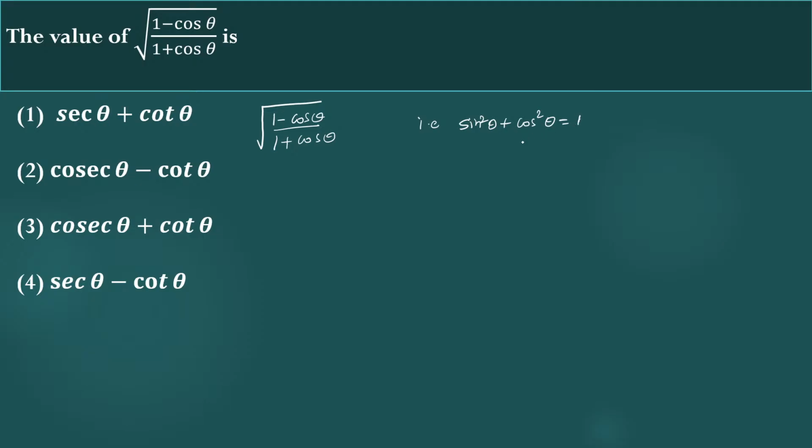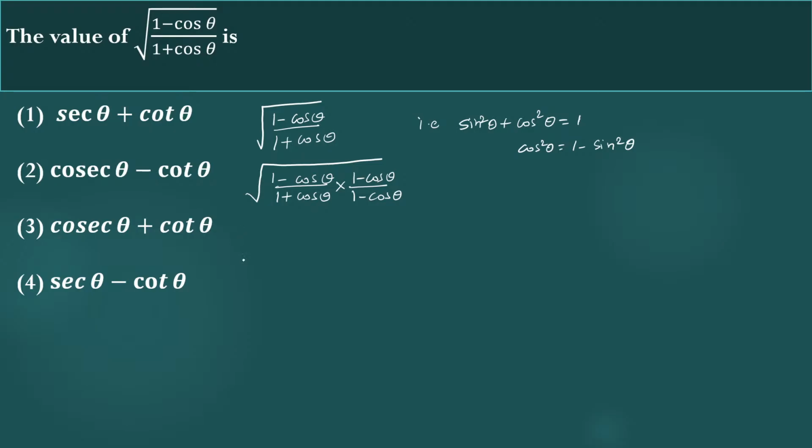So 1 minus cos square theta is equal to sin square theta. Now, just multiply 1 minus cos theta by 1 plus cos theta with 1 minus cos theta by 1 minus cos theta, which is equal to 1.